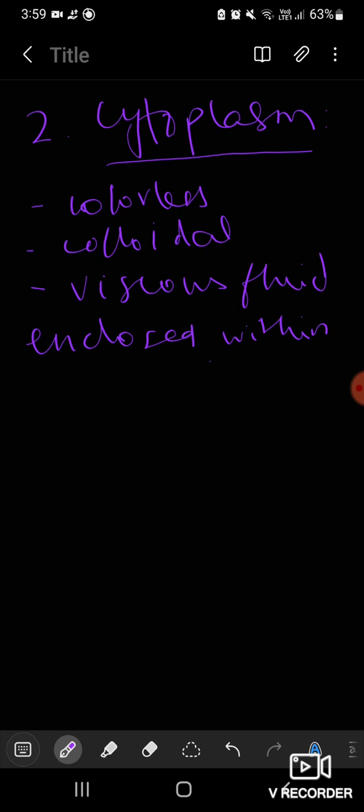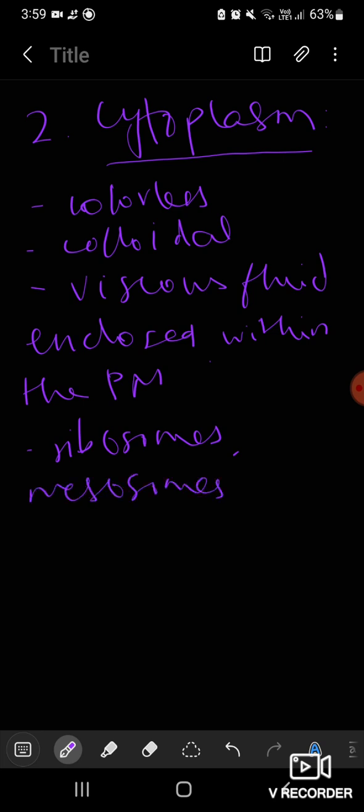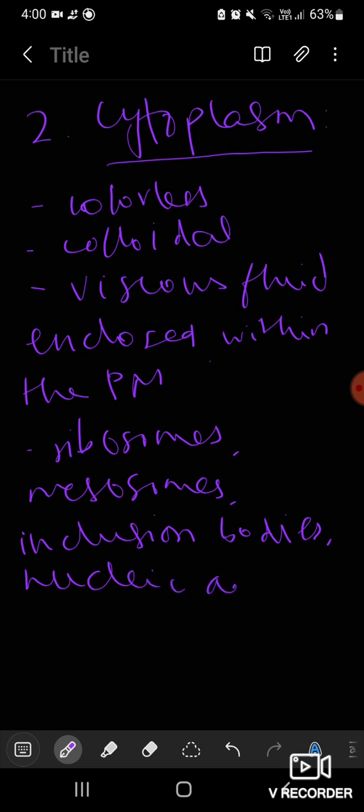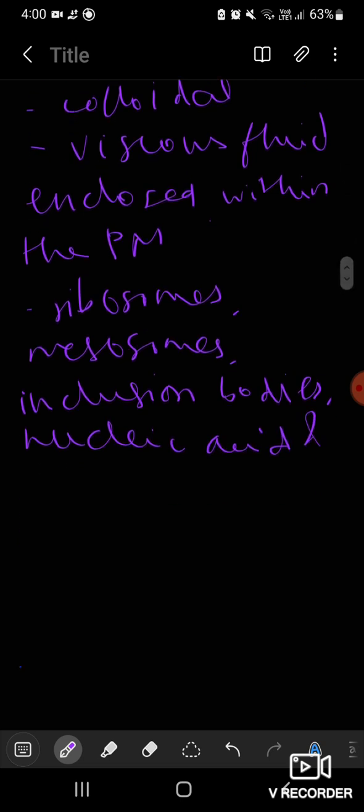The cytoplasm contains ribosomes, mesosomes, inclusion bodies, nucleic acid, and vacuoles.